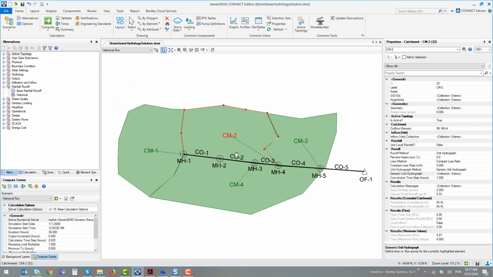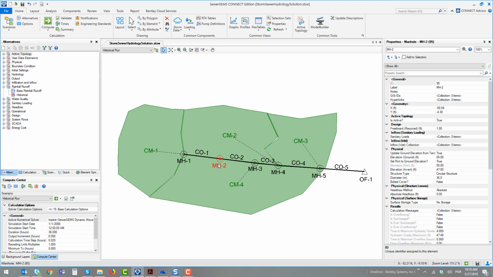So this is the exercise where we modeled a storm water sewer. If you were defining a combined or just a sanitary system instead of a stormwater system, the difference in the loading is that the sanitary loading can be applied directly at the manhole nodes as a point loading.